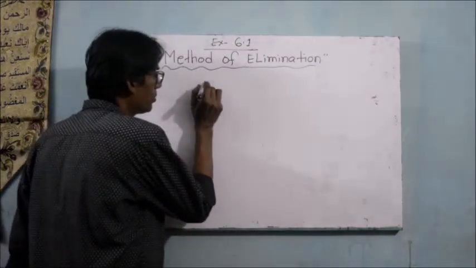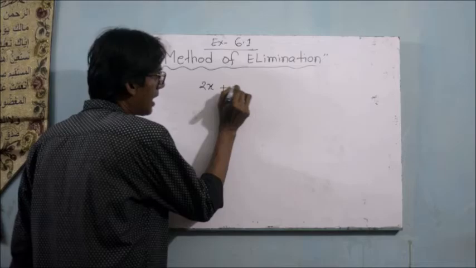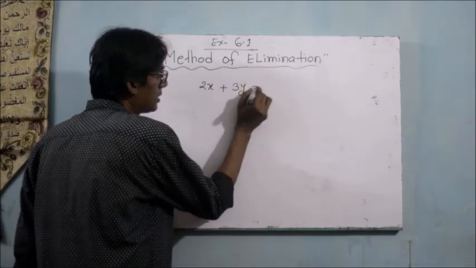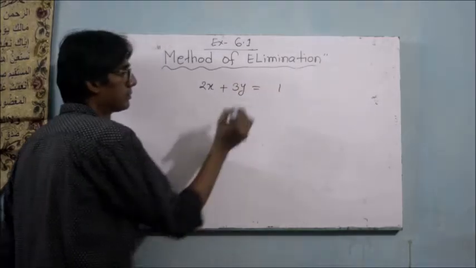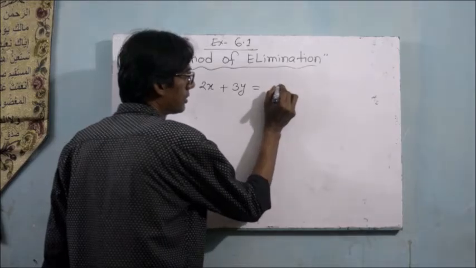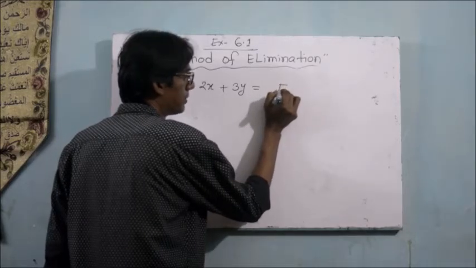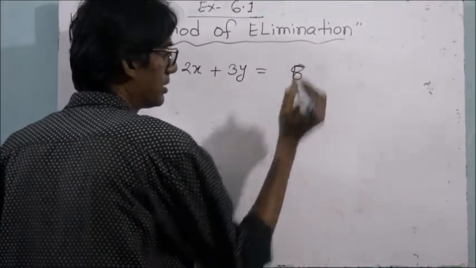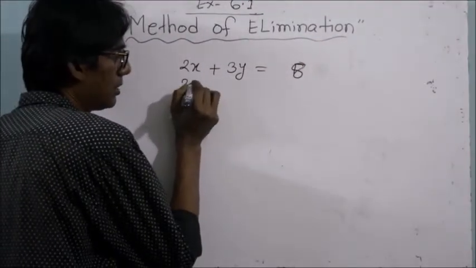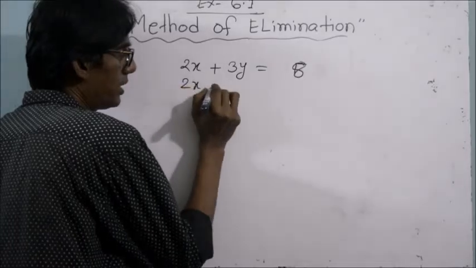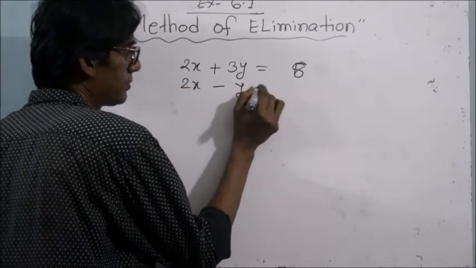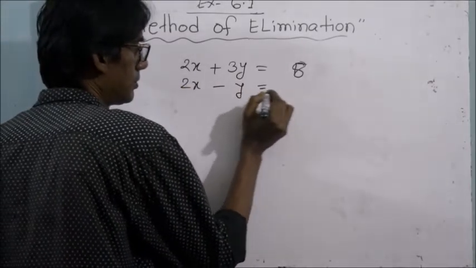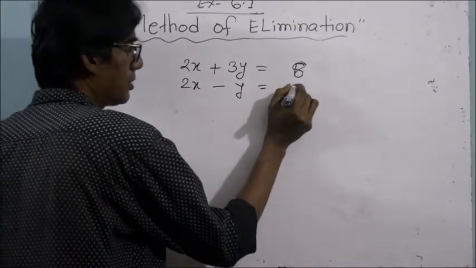For example, 2x plus 3y equal to 1, or 5, or 8. Again, 2x minus y equal to 6.